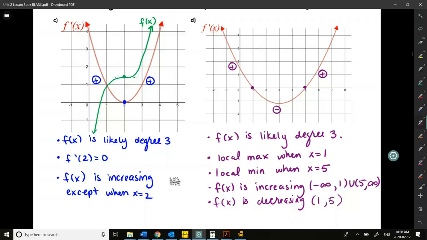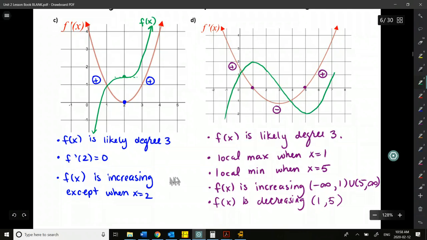Okay, so we need some local max somewhere along here. Again, I don't know where that is, but let's just say if our function is increasing, maybe the local max is there, and then it starts decreasing. Okay, and I have to have a local min somewhere around here, so it could be something like this, maybe something like this.